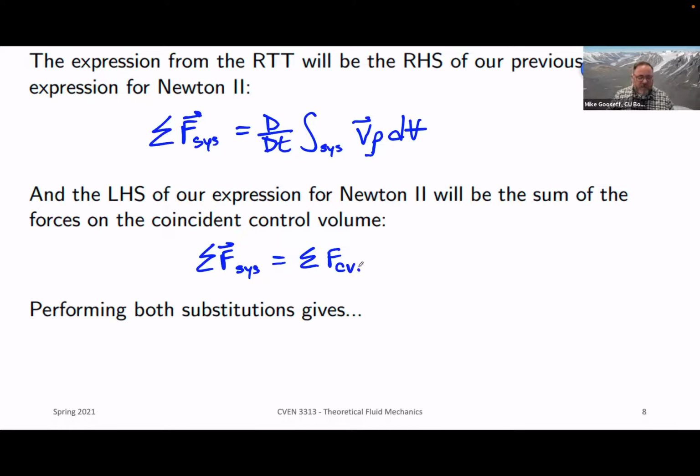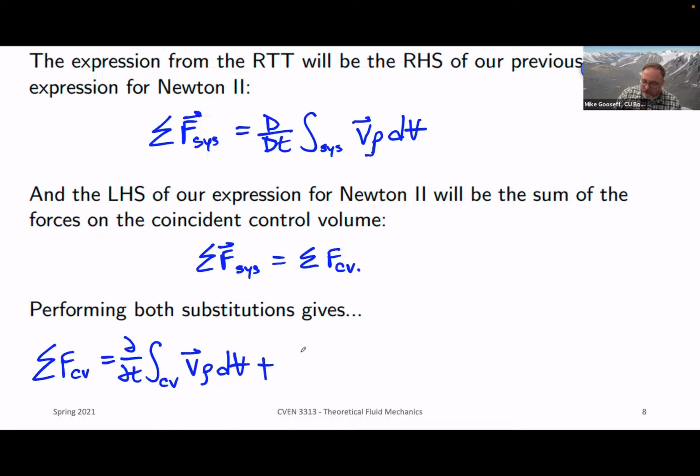All right. So if we make these two substitutions, then essentially all we're doing is rewriting this to say that the sum of the forces acting on the control volume is equal to the change in time of the integral over the control volume of v rho dV, plus those two long terms again: the sum of all of our momentum flows out, rho out, v out, A out, multiplied by the velocity vectors going out at each of those locations, and then we subtract the sum of the incoming momentum flows as well.